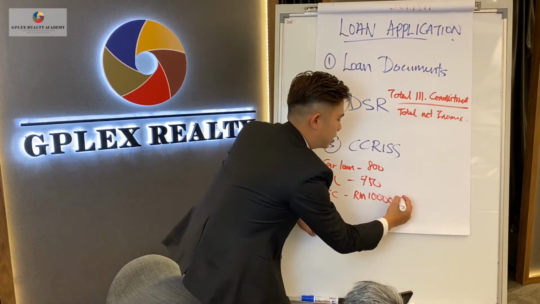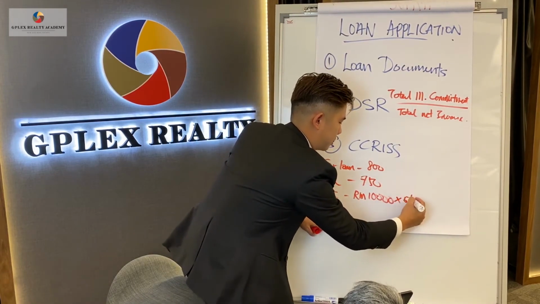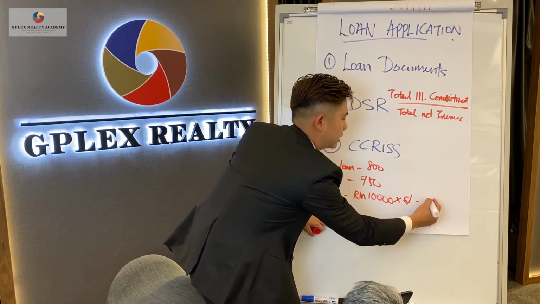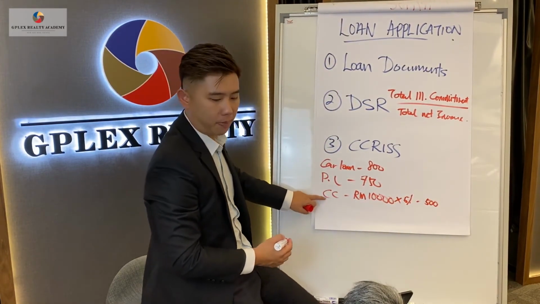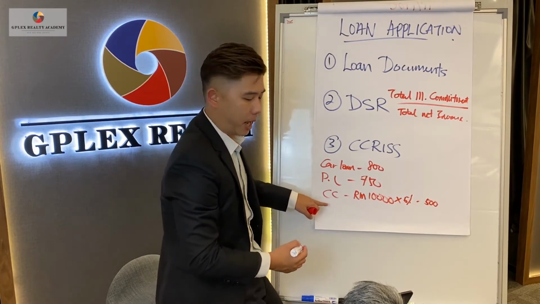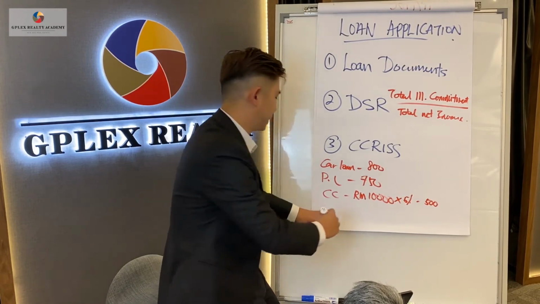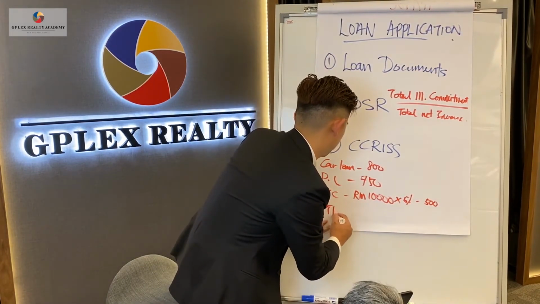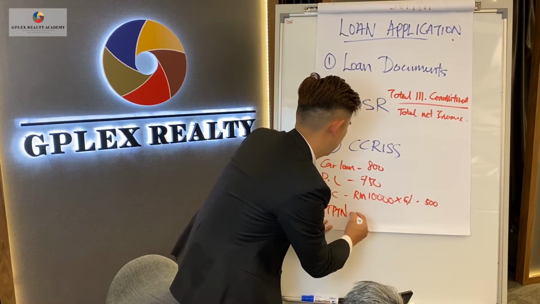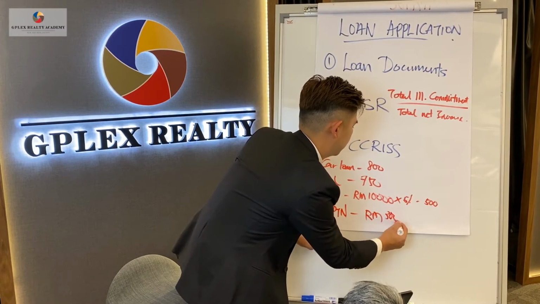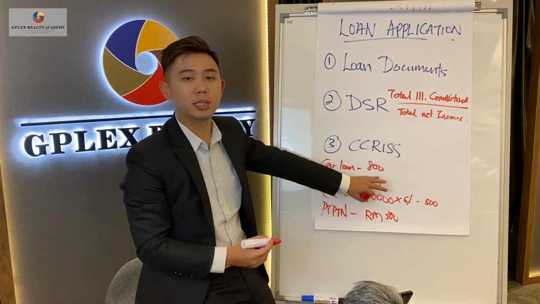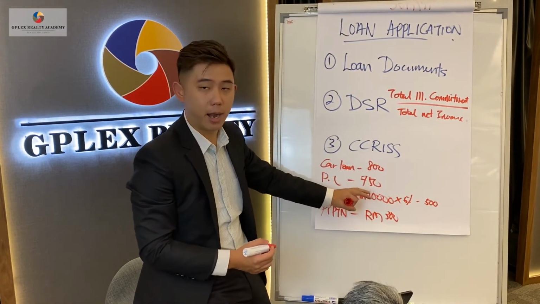So how to calculate the monthly commitment for that? From here we will need to calculate 5%, which means it's 500 monthly for the credit card. And last but not least is my PTPTN, paying about 300. Okay, so this is my total monthly commitment.